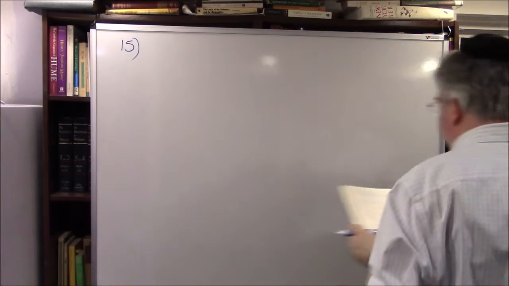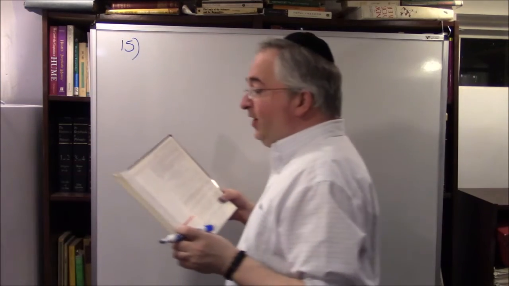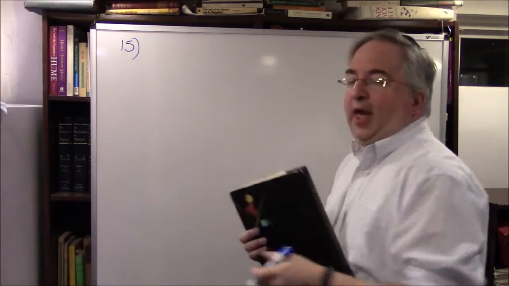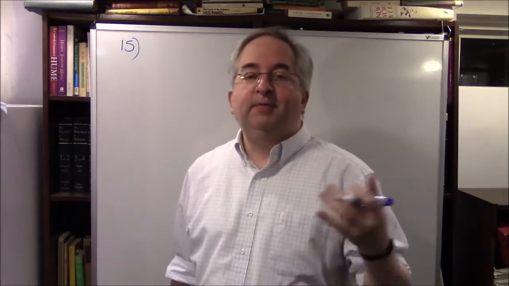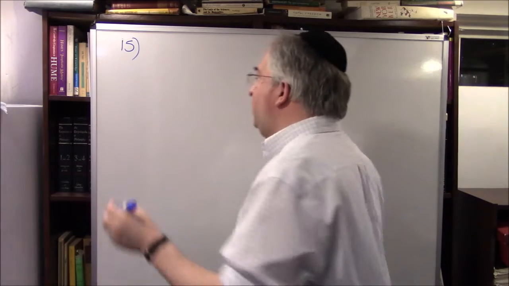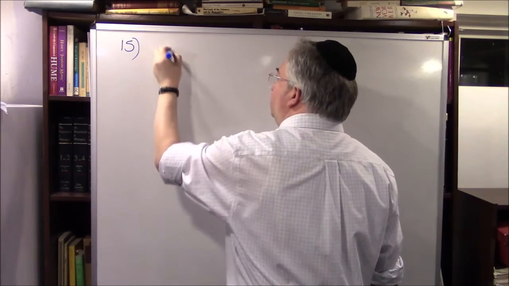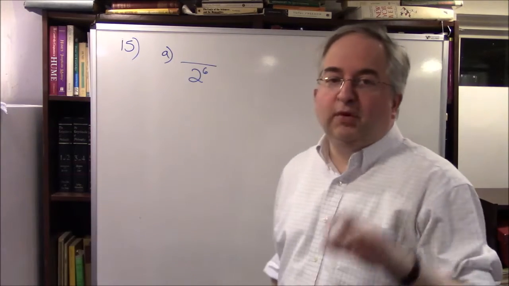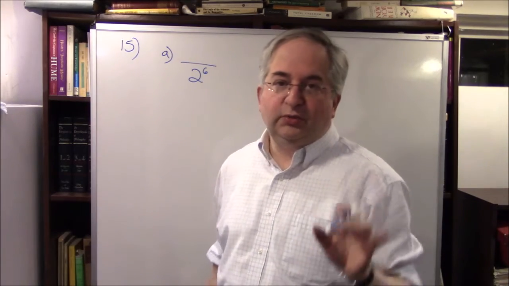A fair coin is tossed 6 times. Find the probability of no heads. So how many different ways are there of flipping a coin 6 times? The answer is 2 to the 6. I know 2 to the 6 is 64, but I just want to leave it as 2 to the 6 so we can see it.